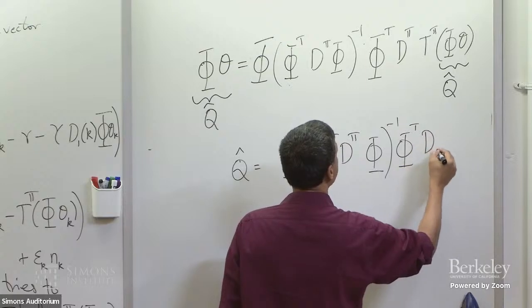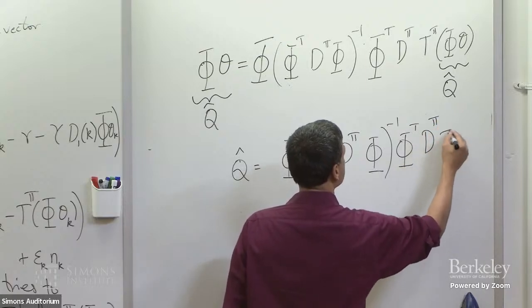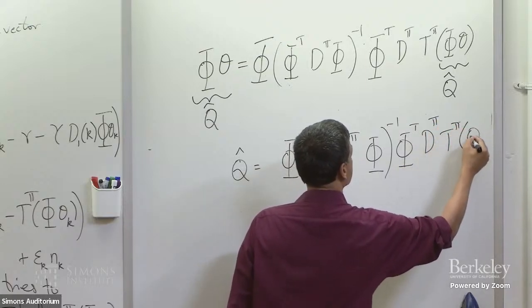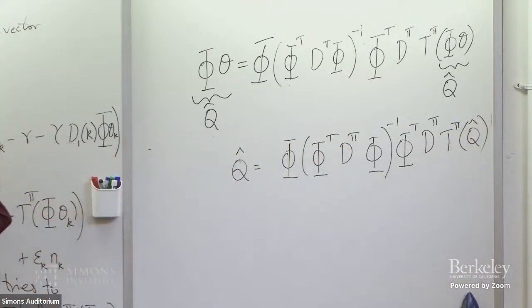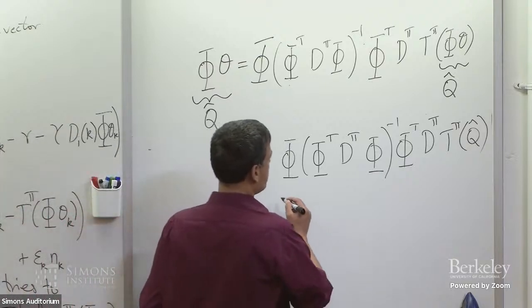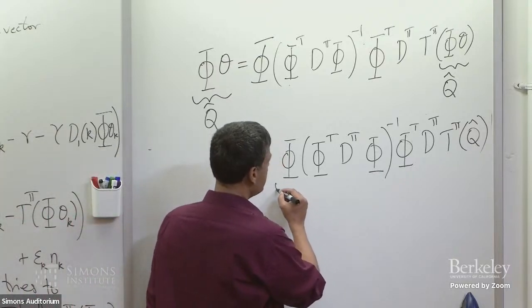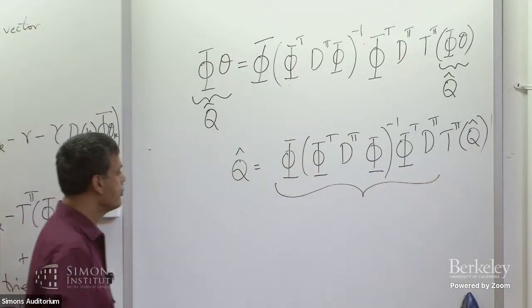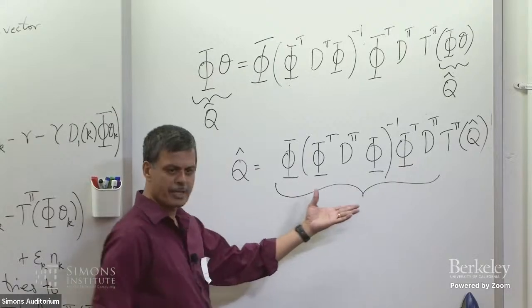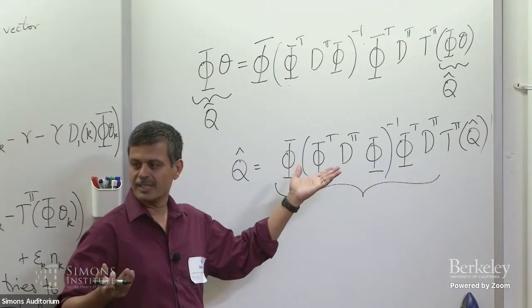It looks very complicated, but actually it is not, surprisingly. It looks like this funny form, but this quantity is nothing but, does anybody recognize this? A projection. Yeah, exactly. This is the projection.